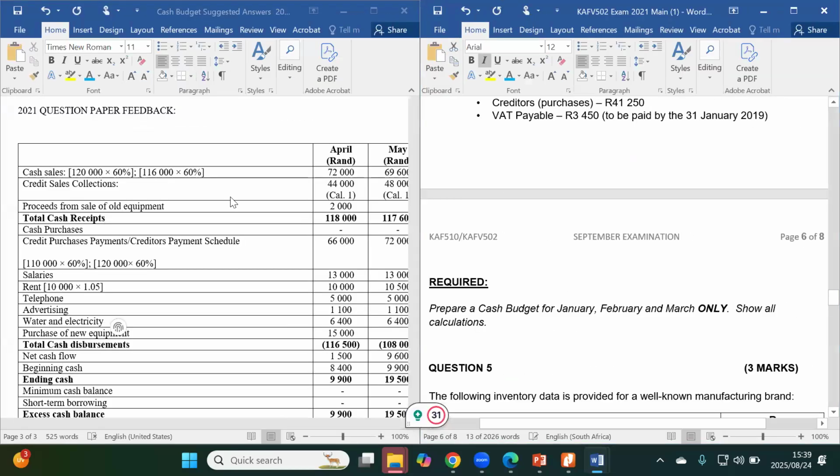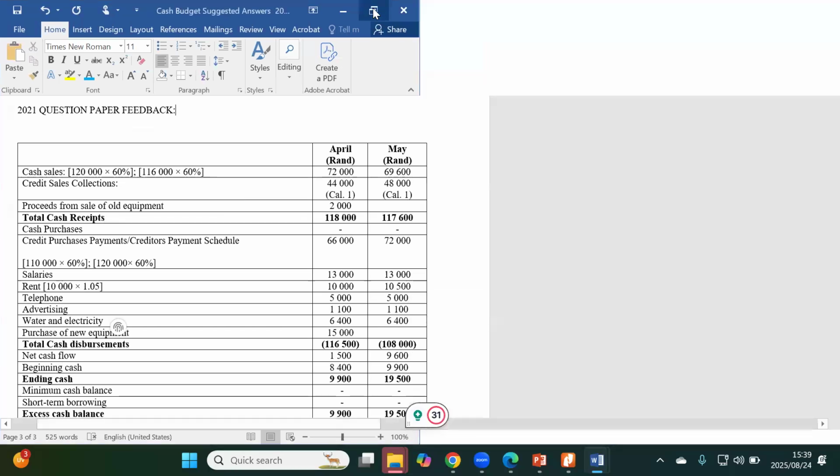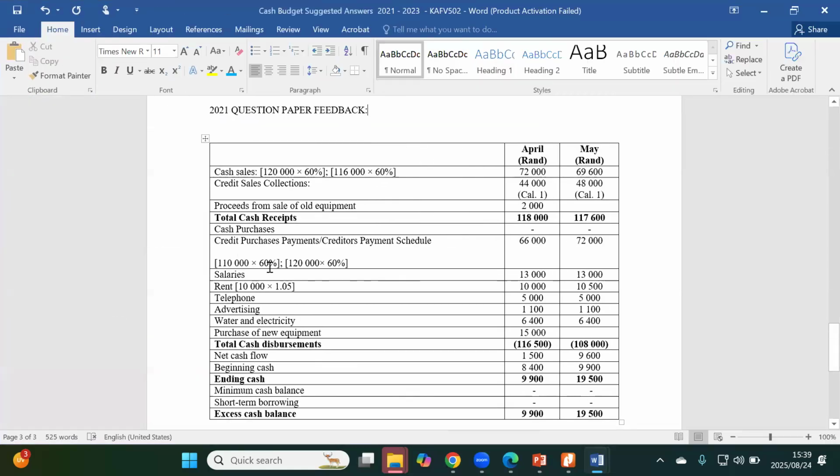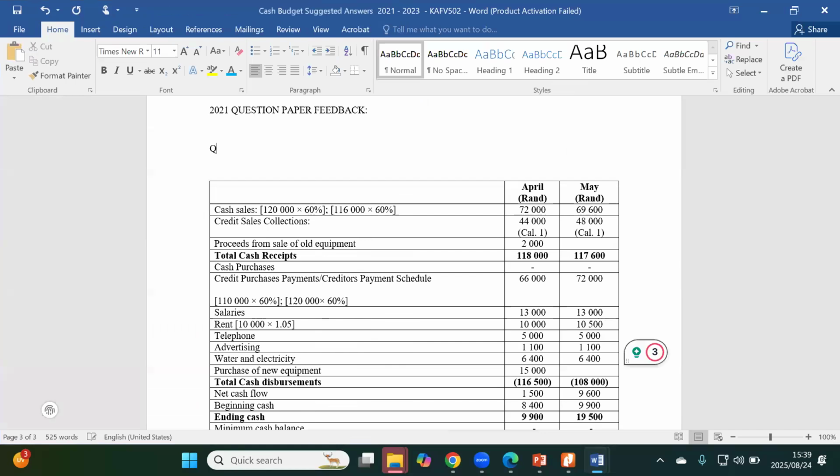So I just want to come back here and sort out the format. In our 2021 question paper, question four is the one that's dealing with the cash budget.